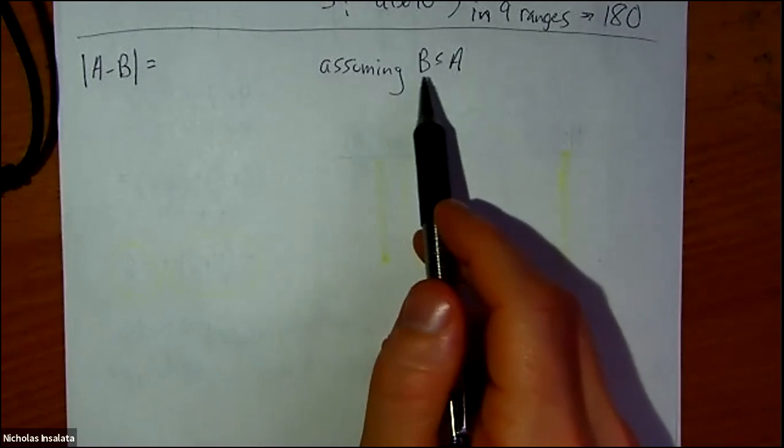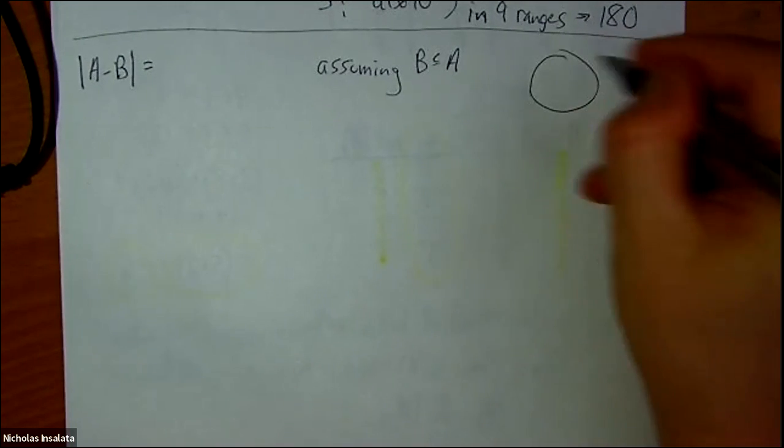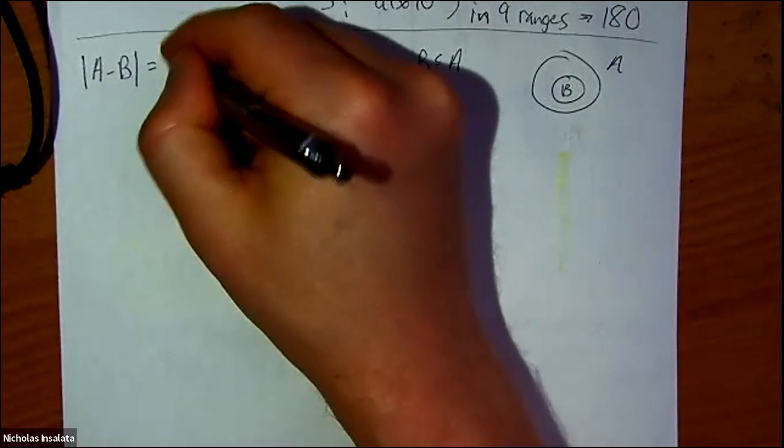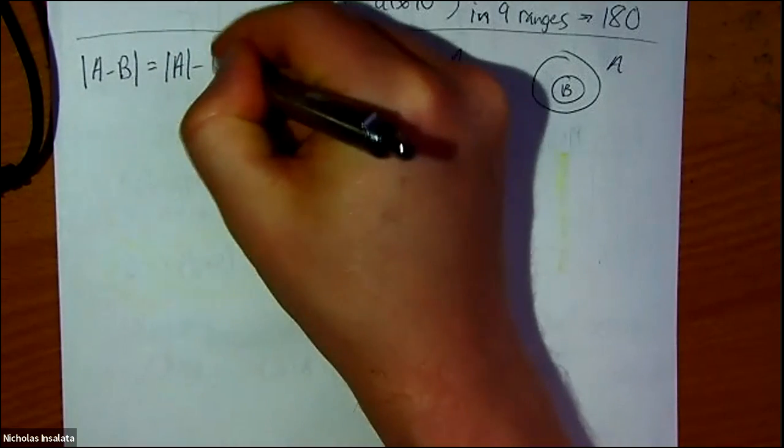So if we have two sets, A and B is contained in A, so we have sort of this situation, and we want to know the size of A minus B. Well, that would be the size of A minus the size of B.